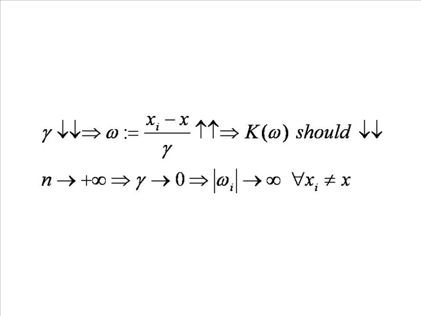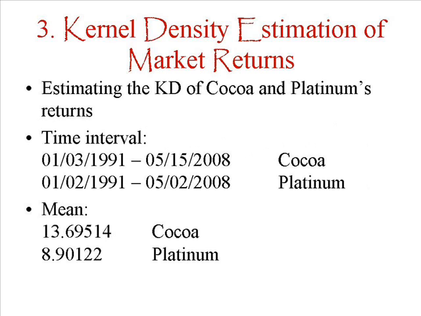And this is because as n approaches plus infinity, the value of the smoothing parameter tends to 0, and therefore in absolute value ω_i tends to infinity for every observed data which is different with respect to our actual value.